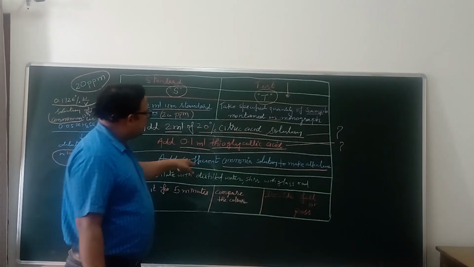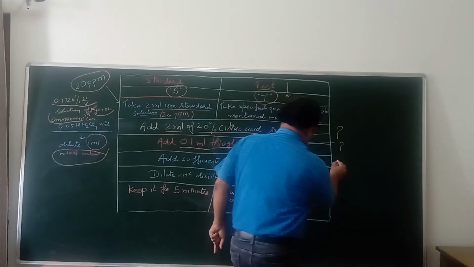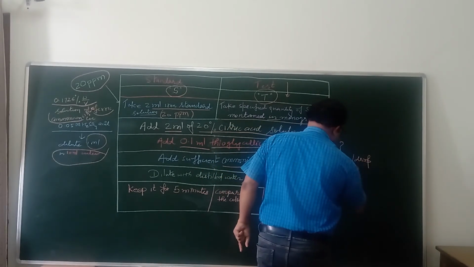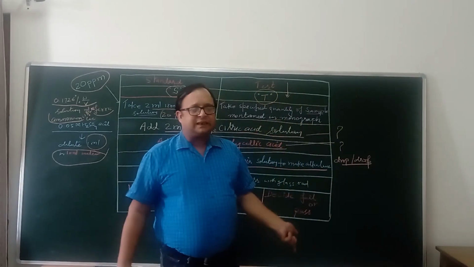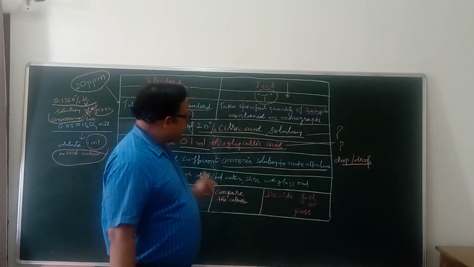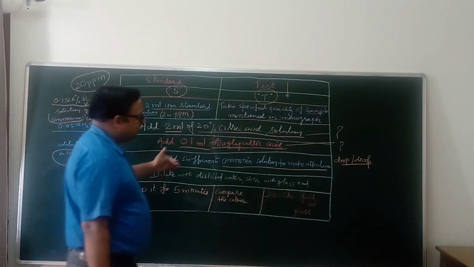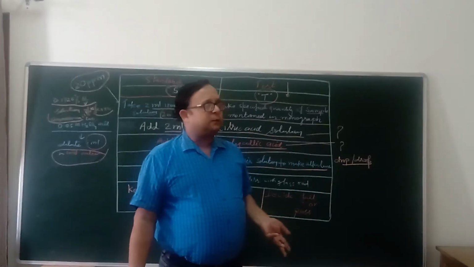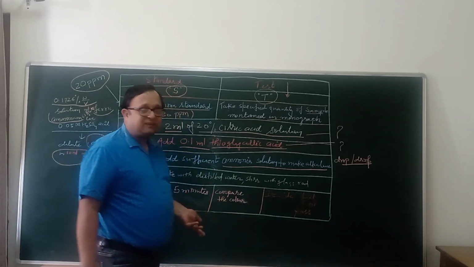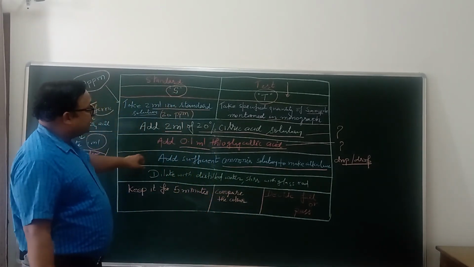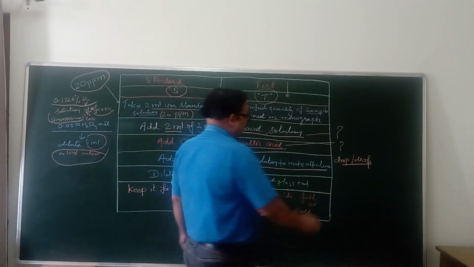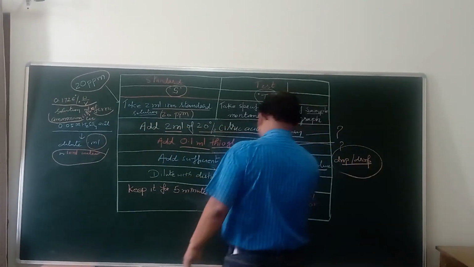So we will add this ammonia solution drop by drop and simultaneously check its pH, until the pH becomes alkaline. The pH can be checked with the help of pH paper or litmus paper.